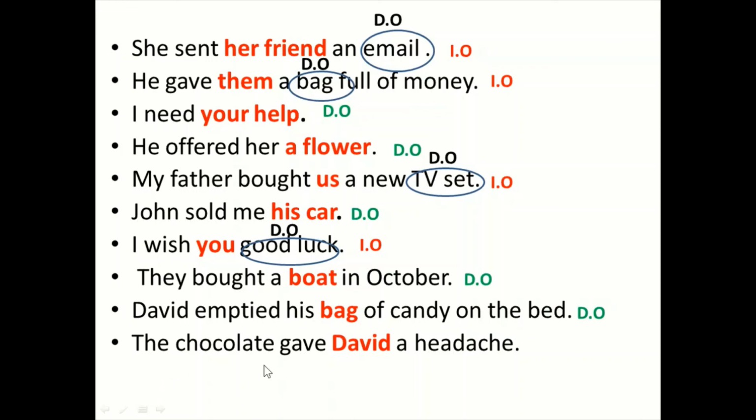The chocolate gave David a headache. David is what here? Direct object or an indirect object? Gave what? Headache. Indirect object. Direct object is headache. So David is an indirect object here.